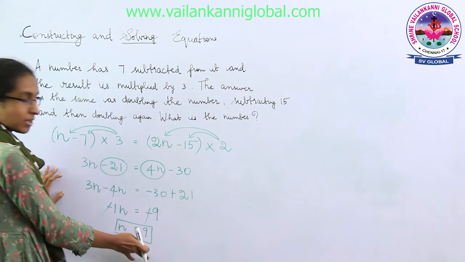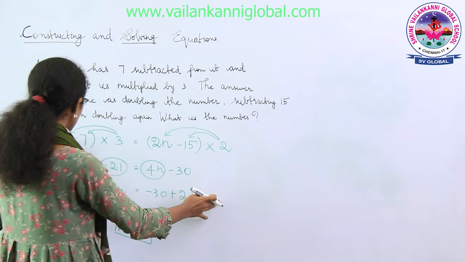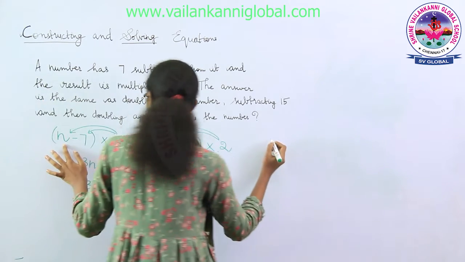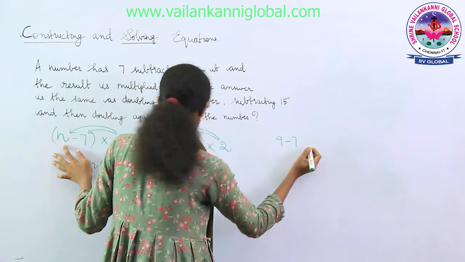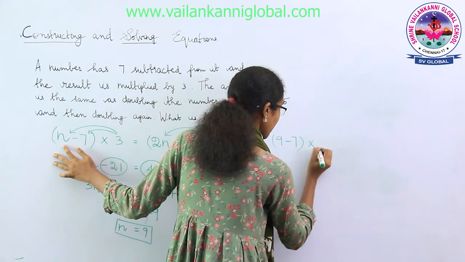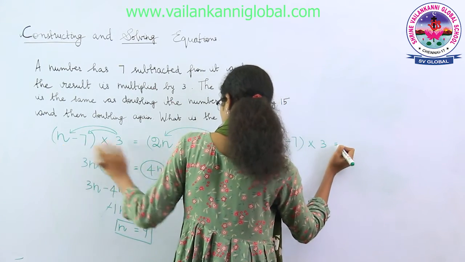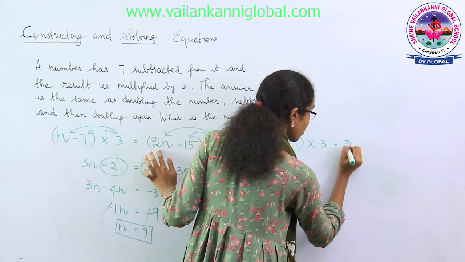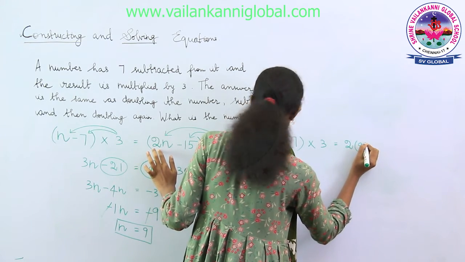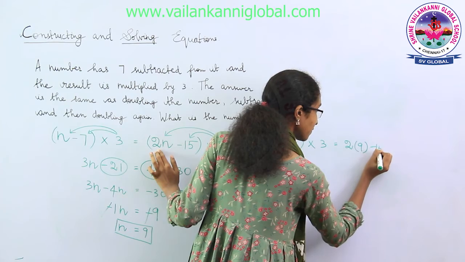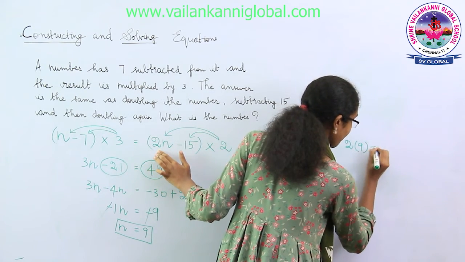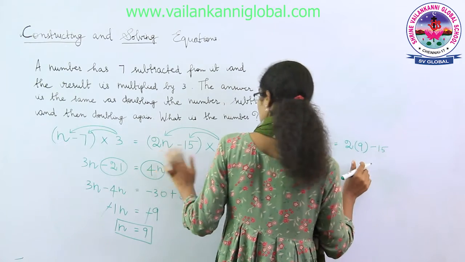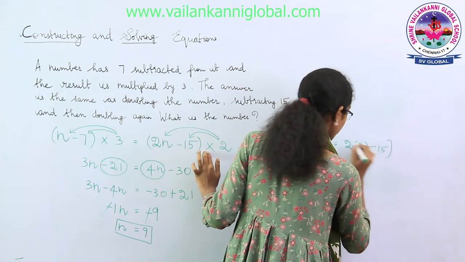So let us check whether the answer we have got is right or not. Substitute in the equation: 9 minus 7 multiplied with 3 equal to 2 into 9 minus 15 multiplied with 2.